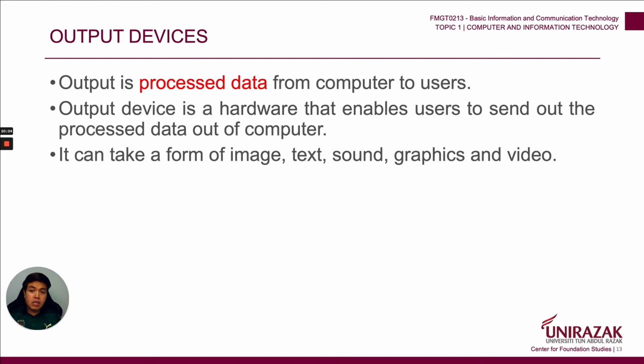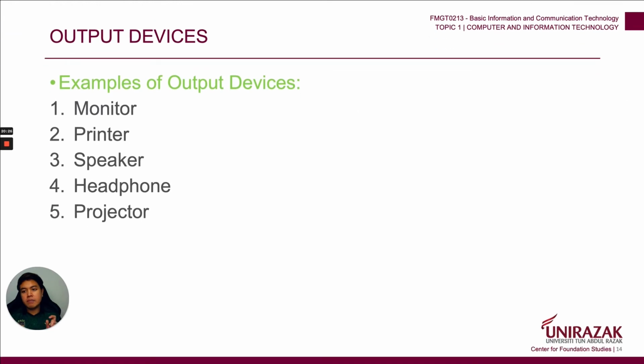It enables users to send the processed data out of the computer. So whatever data you want from the computer, you want it in hand, physically there. It can be images, essays, an Excel file consisting of a lot of numbers, graphics, videos, whatnot.